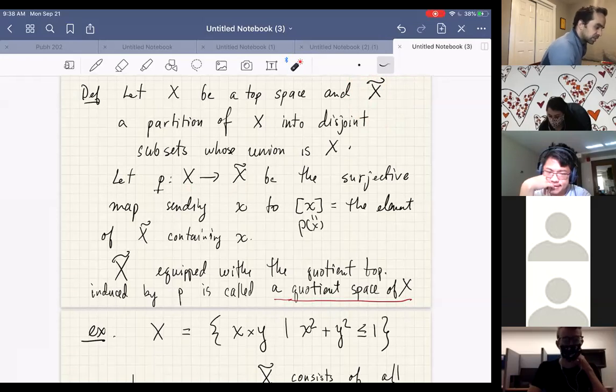If I equip X tilde with the quotient topology induced by this map, which is called a projection map, we say X tilde is a quotient space of X, right?